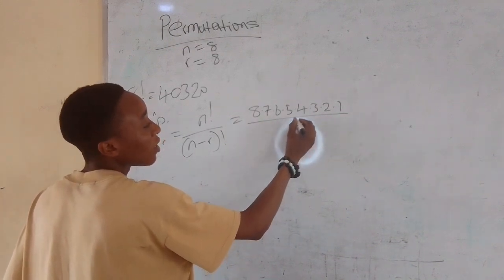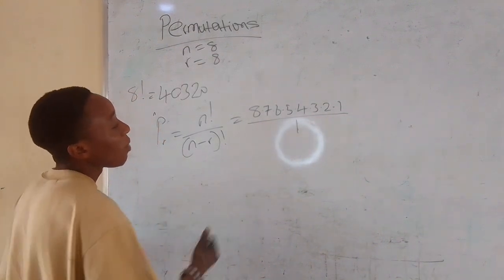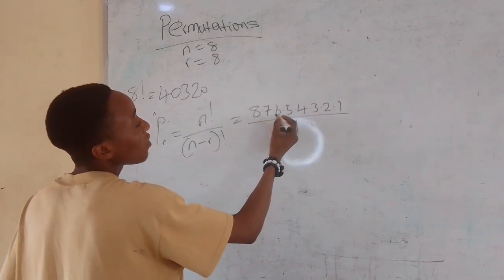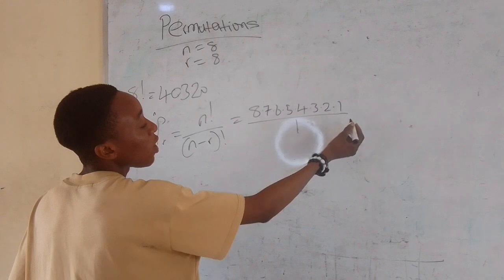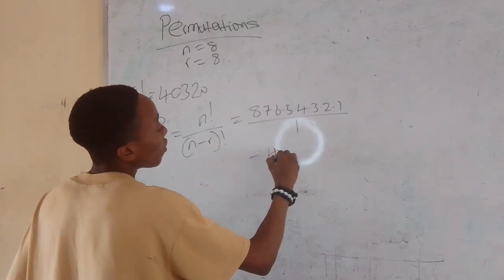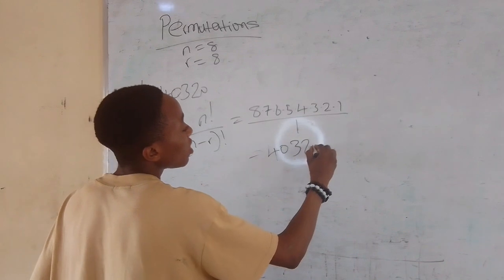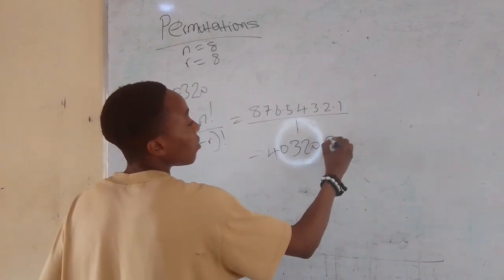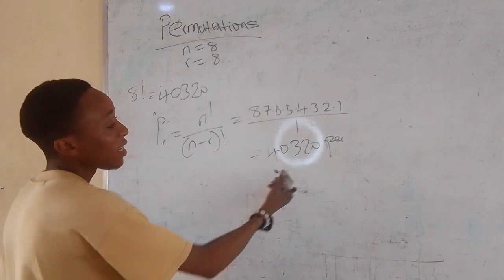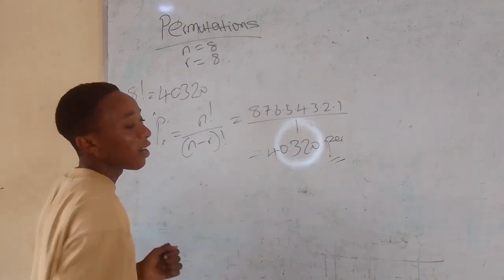So we have our 1 here. By the time we multiply 8 times 7 times 6, 5, 4, 3, 2, and 1, we are going to arrive at the same 40320, which is our permutation. So you can see that's the final answer.